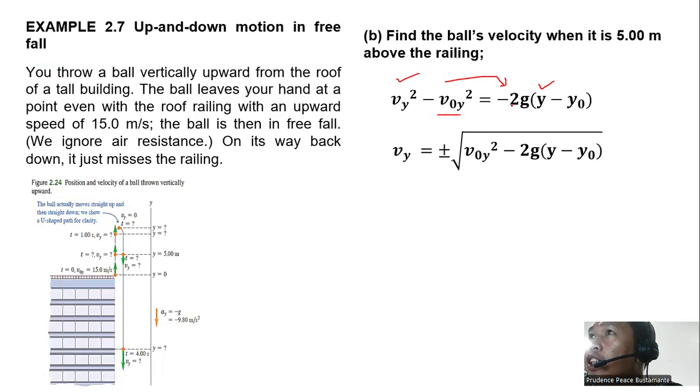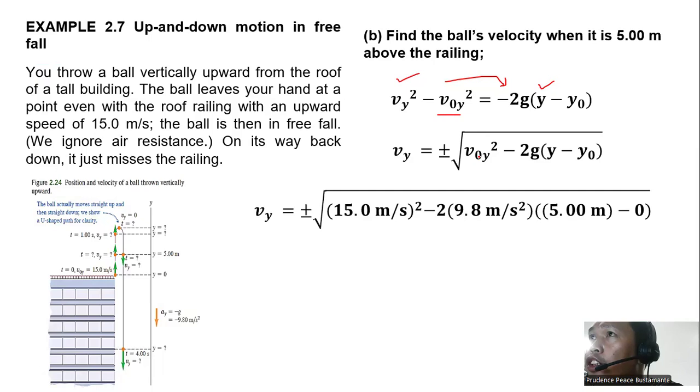Your initial velocity is 15 meters per second, squared, minus 2 times 9.8 meters per second squared times 5.0 meters minus 0. Your y sub 0 is 0. If you do your calculations, your velocity is 11.3 meters per second.